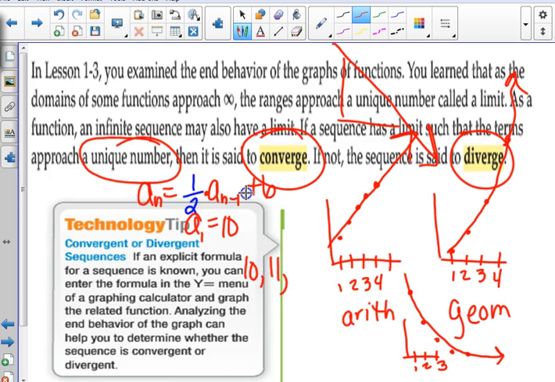Half of 11 is 5.5. This is not working. I wanted to do one. I did it earlier. Okay, we're just going to keep going.